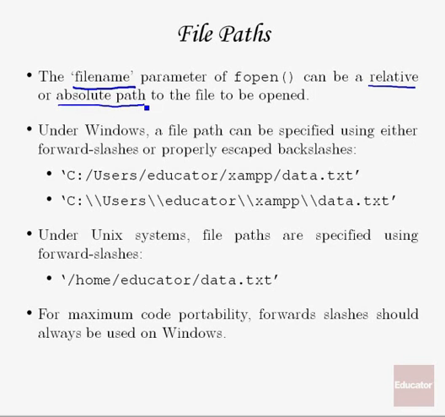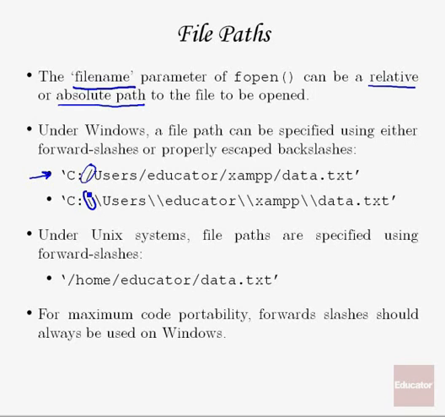In Windows, you may know that paths are typically separated by the backslash character. And on a Unix system, they're actually separated by a forward slash character. So when you're specifying the path to a file in the fopen function, on a Windows system, it actually lets you use either backslashes to specify the path, or forward slashes to specify the path.